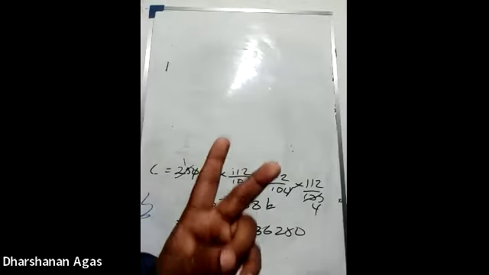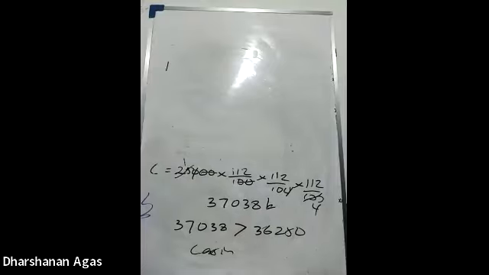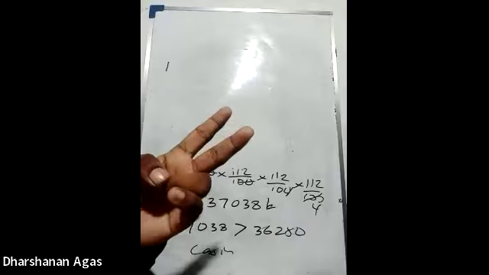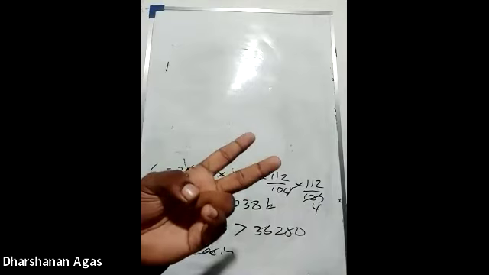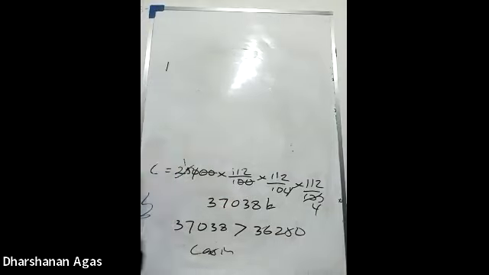Two. At the end of 1 year they are compounding twice, that means every 6 months they are compounding the interest.